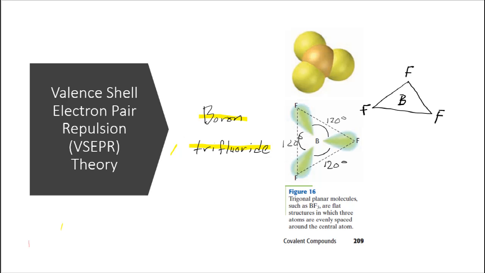And notice that the fluorines are all 120 degrees apart. If you add up 120 three times, you get 360, the number of degrees in a circle. So what is it about boron trifluoride that makes it this triangle shape? And notice also that it's flat. The fluorines exist in the same plane as every other one.